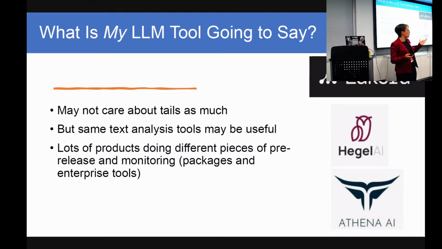And there are lots of products out there doing different pieces of what I'm going to talk about. Typically people have packages out, and they also have enterprise-level tools. So Lucera, Hagel AI, and Athena AI. There's an Athena AI with an I and one with an E, and this is the one with an I. There are a lot of startups out there in this space. So if you say, hey, I really like this text similarity evaluation, or hey, I really want an LLM to do my evals for me, we'll go through both of those.